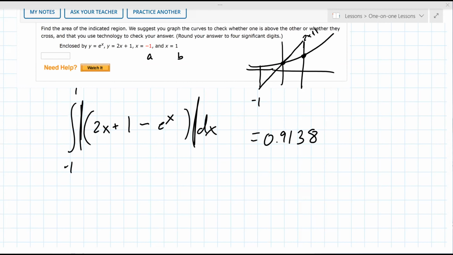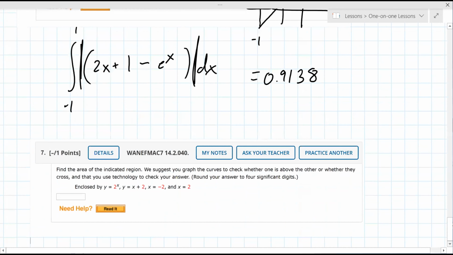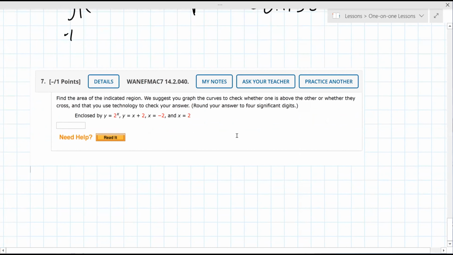All right, so 7 is exactly the same, it's completely a calculator problem. Because of this absolute value thing, you can be really uncaring about what you're doing. It's the integral from -2 to 2, absolute value, and it doesn't really matter.